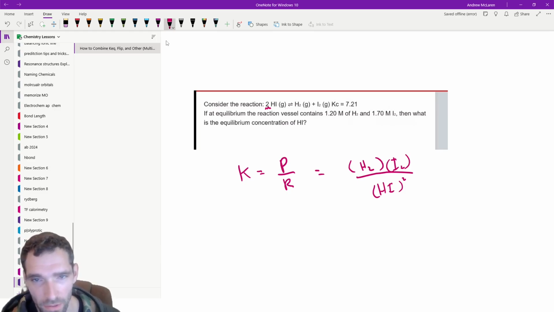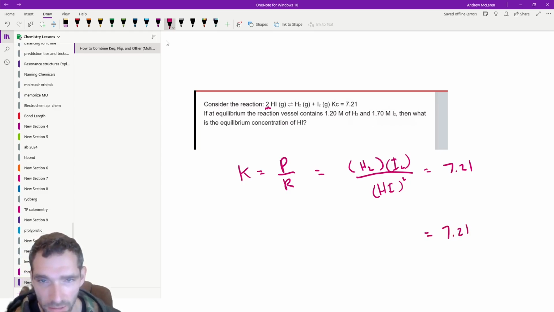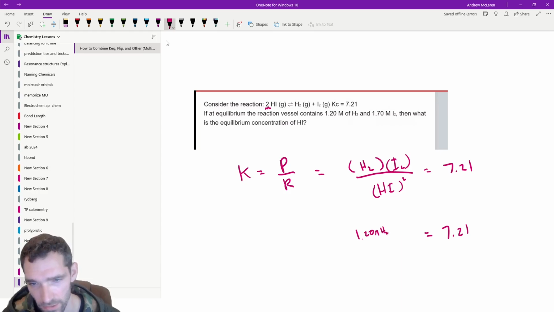And they've given us the overall expression for K. That is something that is provided as 7.21. So we've got 7.21 being equal to some amounts of these things. We've got 1.20 molar of the H2 for 1. And for that second one, we've got that 1.70 molar I2.